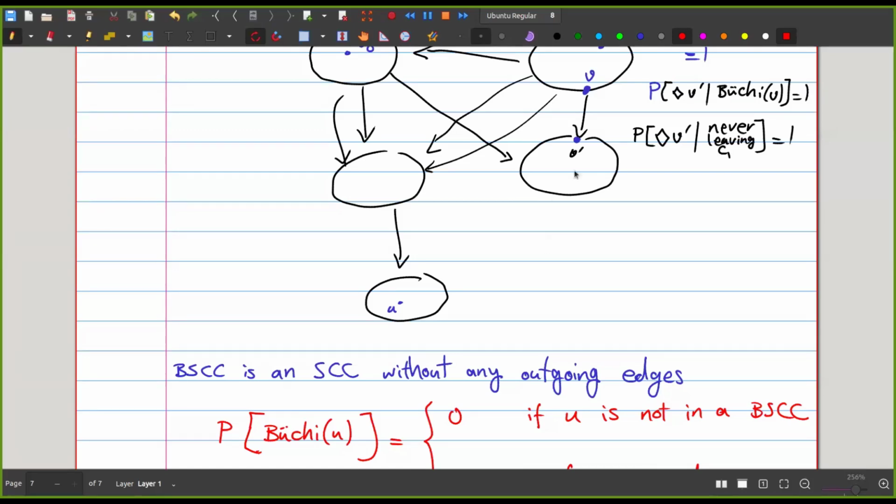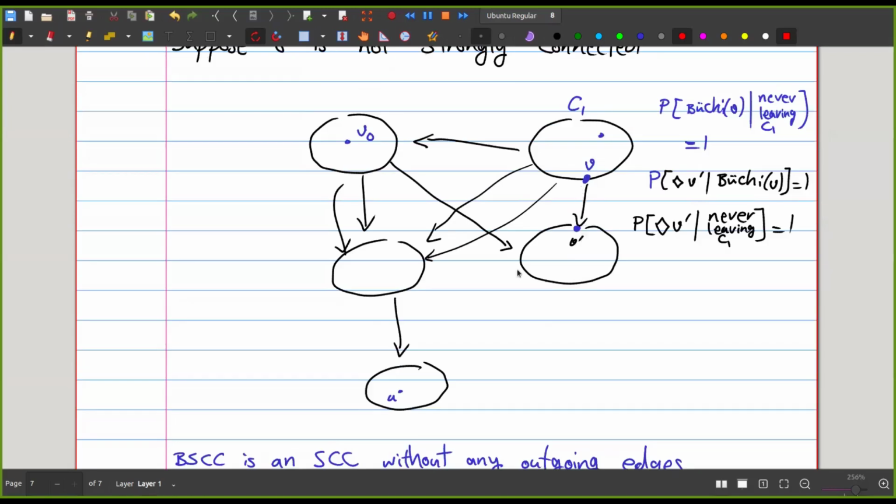If I have a bottom strongly connected component that doesn't have a target vertex, that doesn't contribute anything. So what I'm asking you is, what is the probability that I reach one of the bottom strongly connected components that has a target set in it? And you just sum up the reachability probabilities. So just go over every bottom strongly connected component that has a target vertex in it and ask what is the probability of reaching.